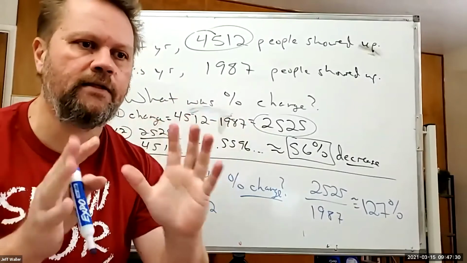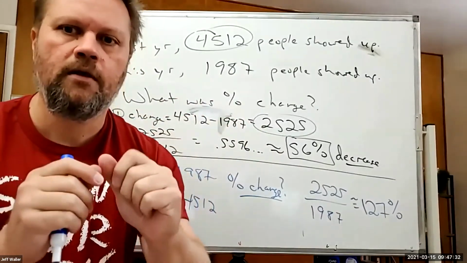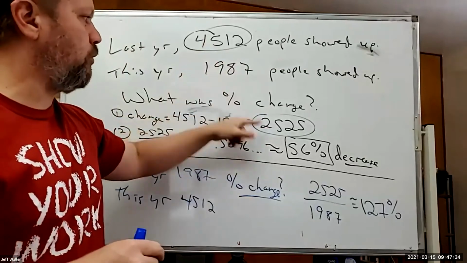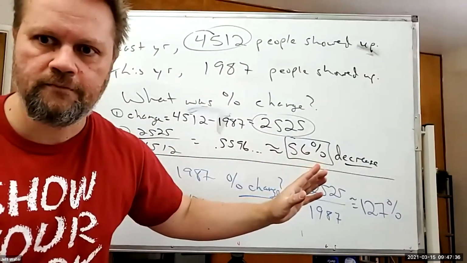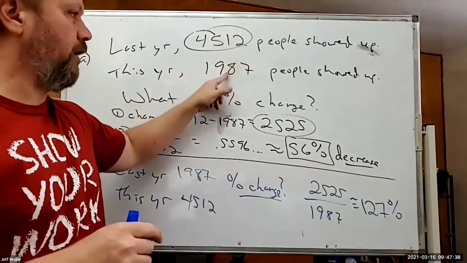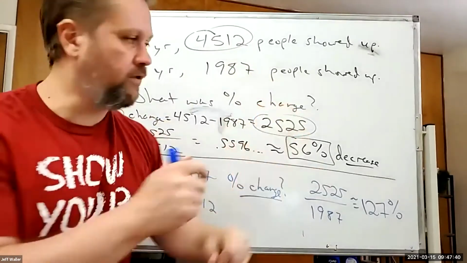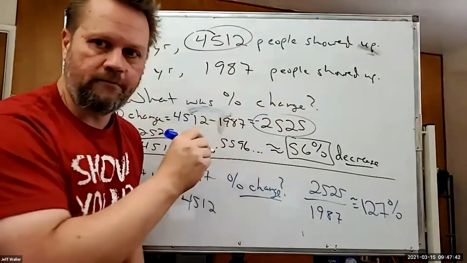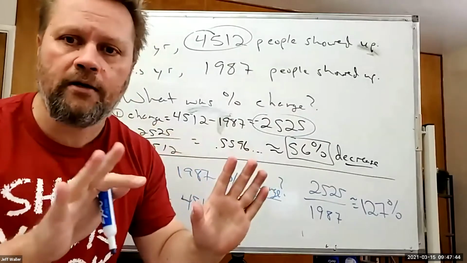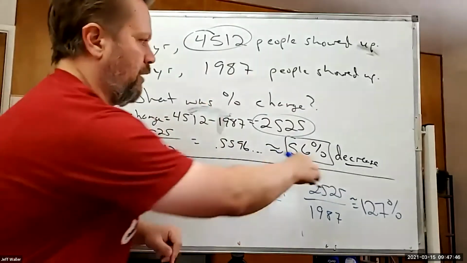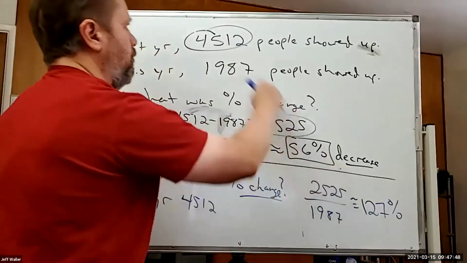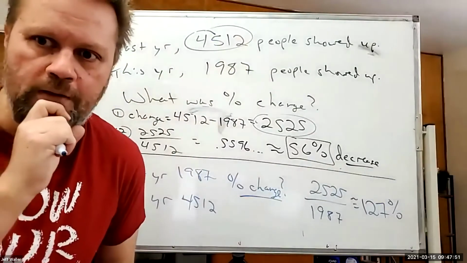Stay with me now. Didn't this go down by 2525? Yes. So technically this should be negative, but that doesn't matter. Do I need the negative sign to tell me it was a decrease? Don't I already know it was a decrease, right?